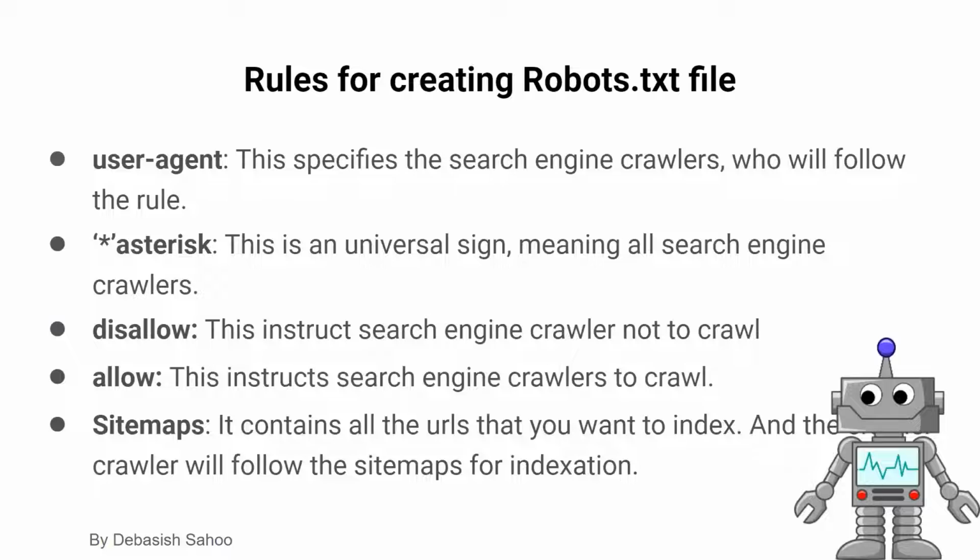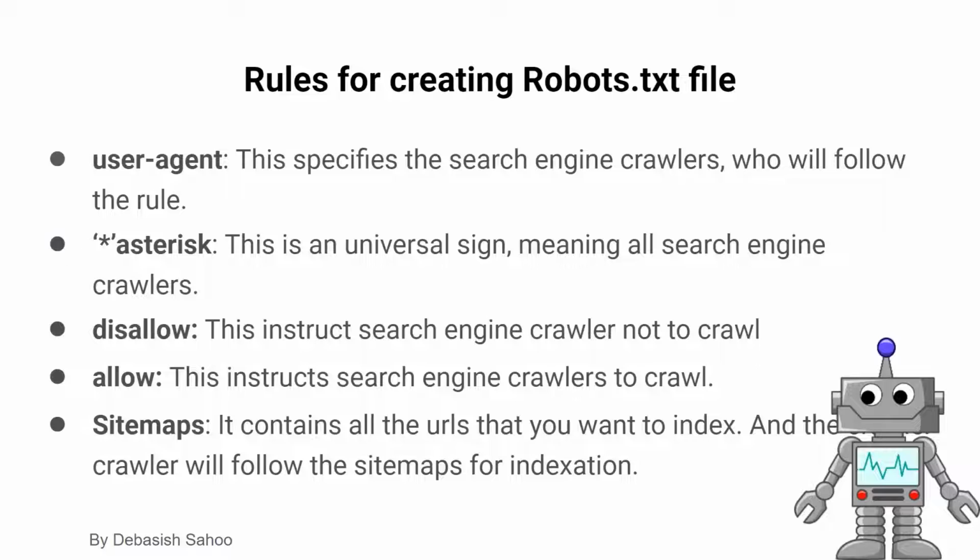There are certain rules for the robots.txt file. First is the user agent. The user agent specifies the search engine crawler that will follow the rules. The star or asterisk is a universal sign, meaning all the search engine crawlers need to follow the same rule. Then comes disallow. The disallow function instructs the search engine crawler not to crawl these pages.